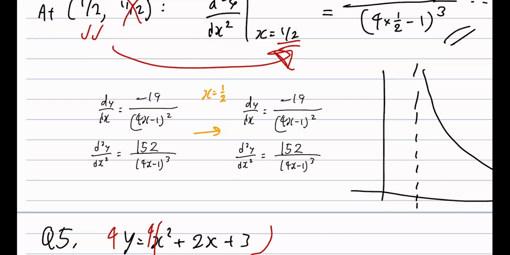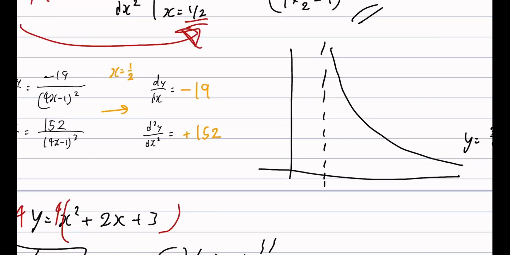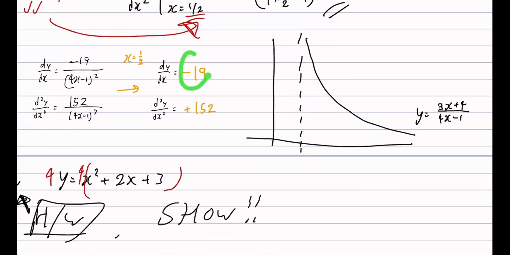Let's just type in a calculator quickly. For the first guy, negative 19 divided by (4 times 0.5 minus 1) squared, we end up with negative 19. The other guy, 152 over (4 times 0.5 minus 1) to the power of 3, we end up with positive 152. Okay, what does this negative 19 and positive 152 represent geometrically?